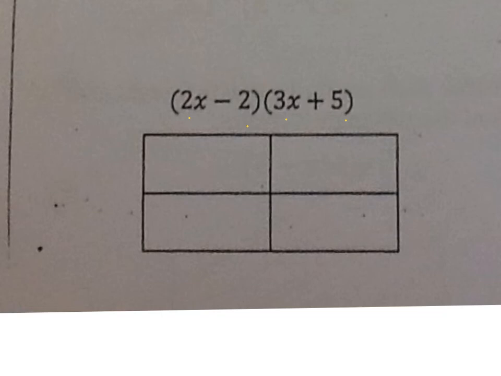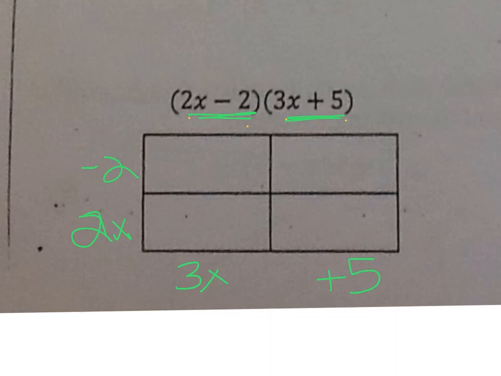I'm going to write in green 2x minus 2. Now it doesn't matter that this first one is here or the second one's down there. That's not important. But it is kind of important that you put your x's on the corner. It's just easier if we all do that the same way. It's just kind of an agreed upon thing. It's not a big deal, but it's just agreed upon.